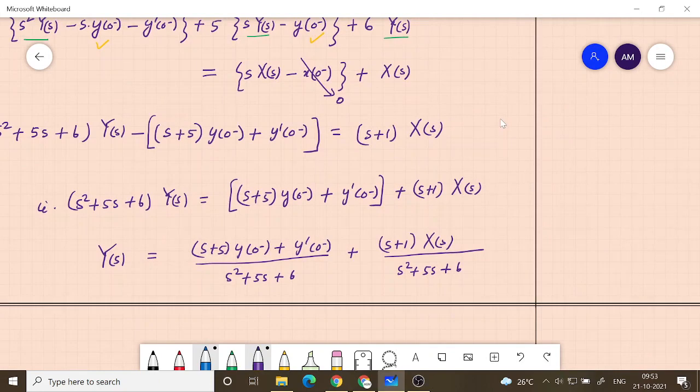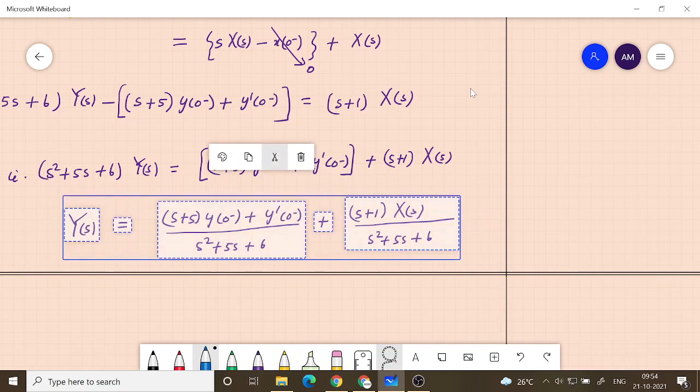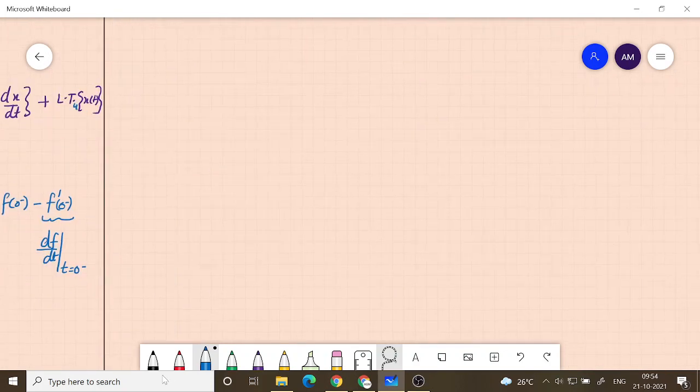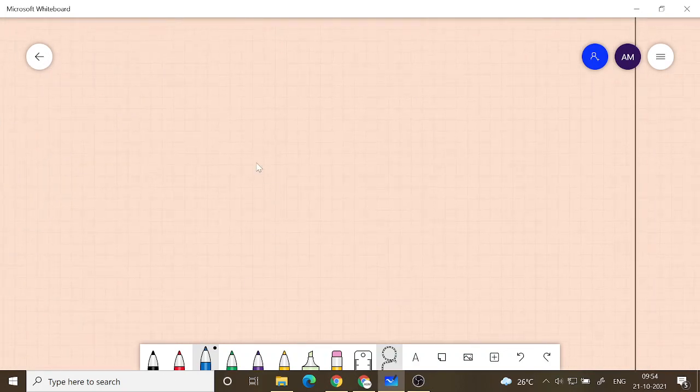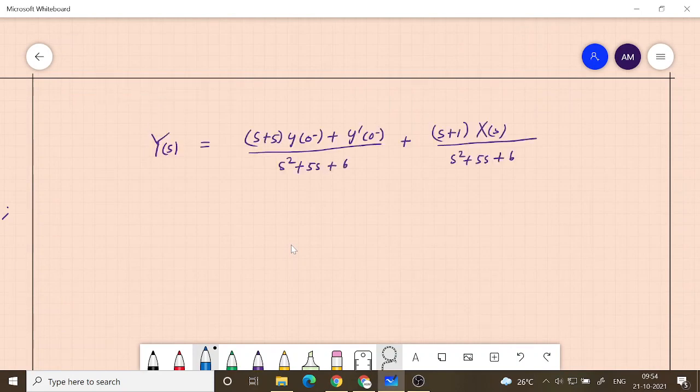So before we solve, let me just rewrite this equation to the other side. Okay, so this is what we have.